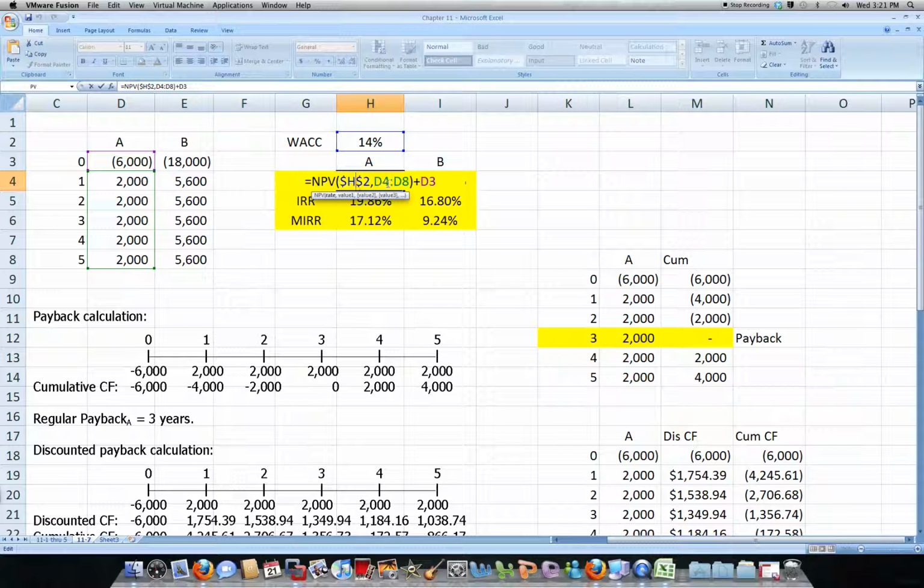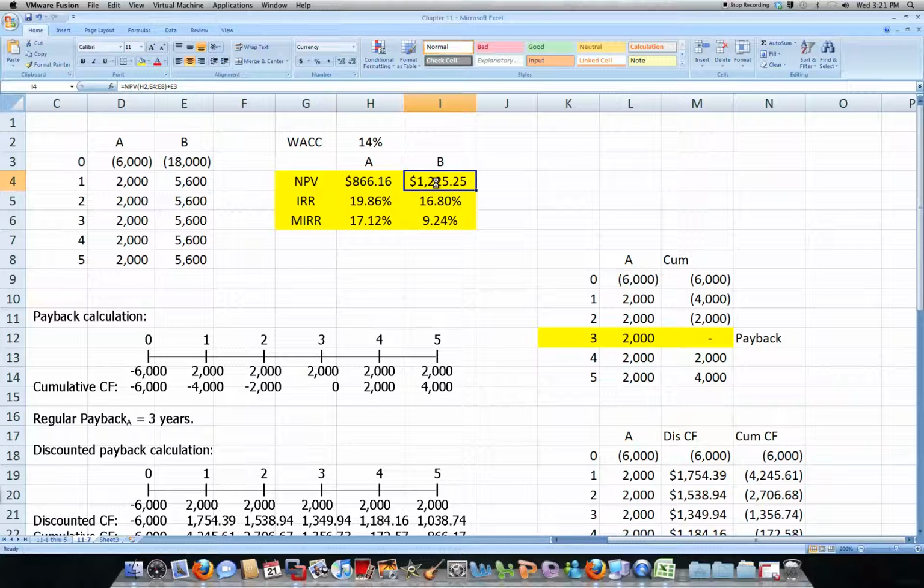Okay, and our value 1 here is D4 through D8, so that's our $2,000. And then I had to go in afterwards and put this plus D3 right up here in the formula bar. It would add it back in, right. So we find our net present value is $866.16.